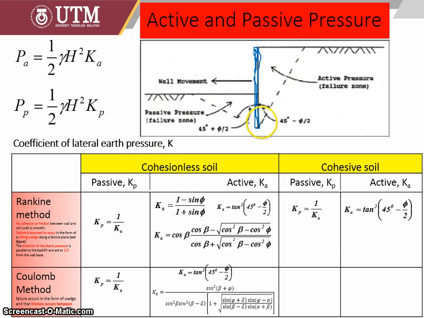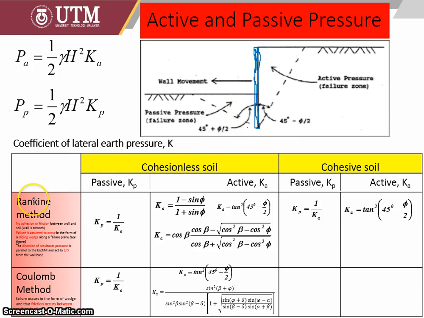For active, in the Rankine method, they define the failure line as a sliding wedge, with an angle of 45 degrees minus phi, the internal friction angle, divided by 2. The dotted line is the failure line. In active pressure in Rankine it is 45 degrees minus phi divided by 2, whereas for the passive pressure, the failure line has an angle of 45 degrees plus phi divided by 2.